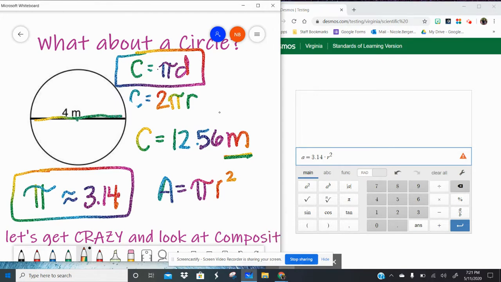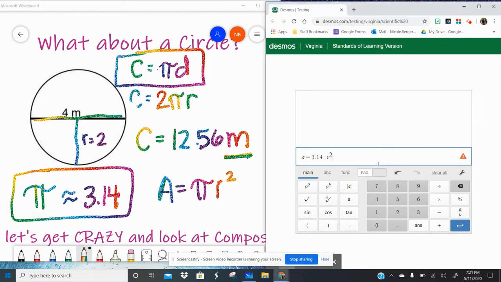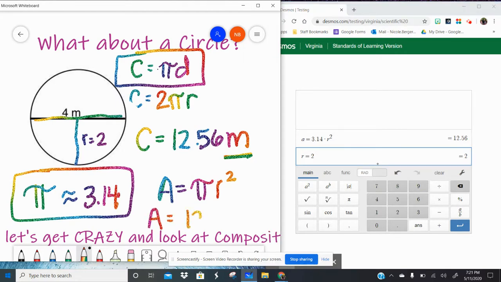So if I wanted to use the radius, I cut it in half. This one's very simple. I don't need the calculator. The diameter is 4, radius is 2. So I have my formula over here. I type in what I know. Radius equals 2. And look at there. Area is 12.56, but now it's meters squared.